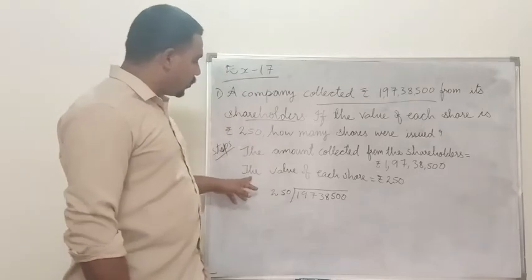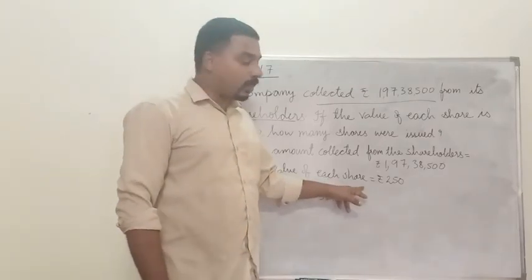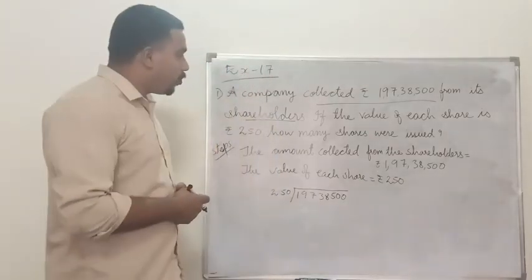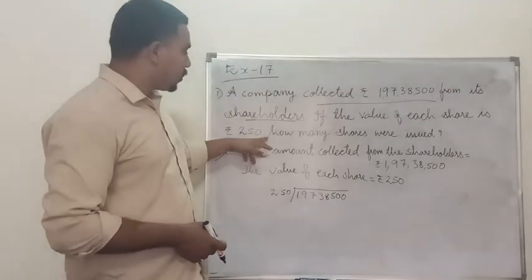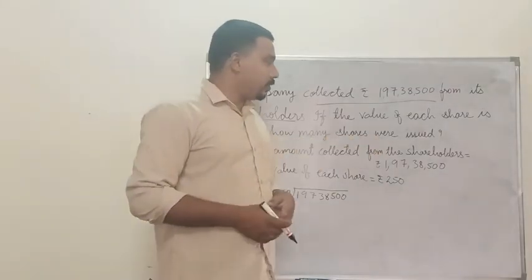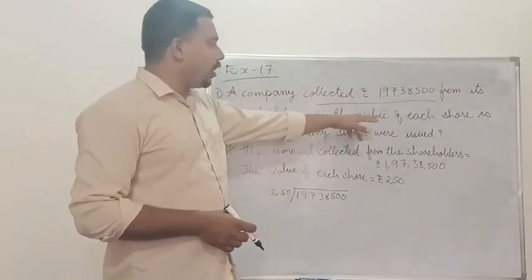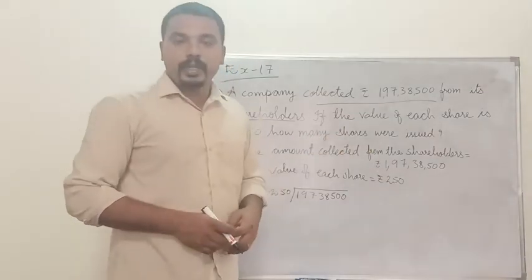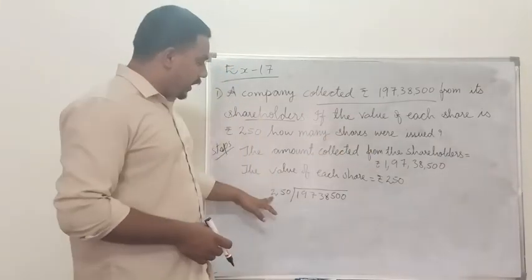And the second step, the value of each share. What is the value of each share? Rupees 250. So we need to find out what, see the last sentence of this question. How many shares were issued? If the value of each share is rupees 250, how many shares are issued? So we need to divide this. So this is a 3-digit division.